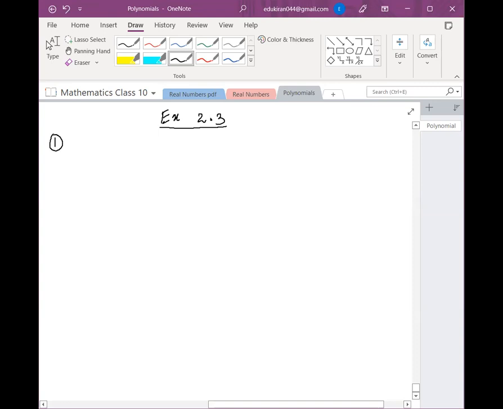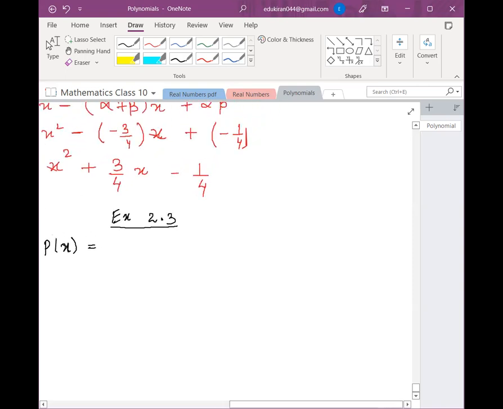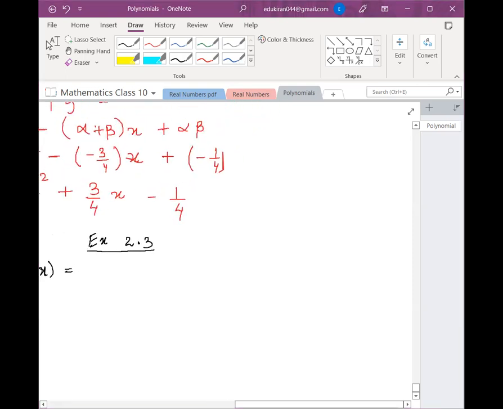First question: divide the polynomial px. There is a division algorithm in the question, but that is required later. Whenever I come to that question, I'll explain. First is simple division. Divide the polynomial px by the polynomial gx, and find the quotient and the remainder. Your polynomial px is given, which is equal to, wait, let me zoom in.